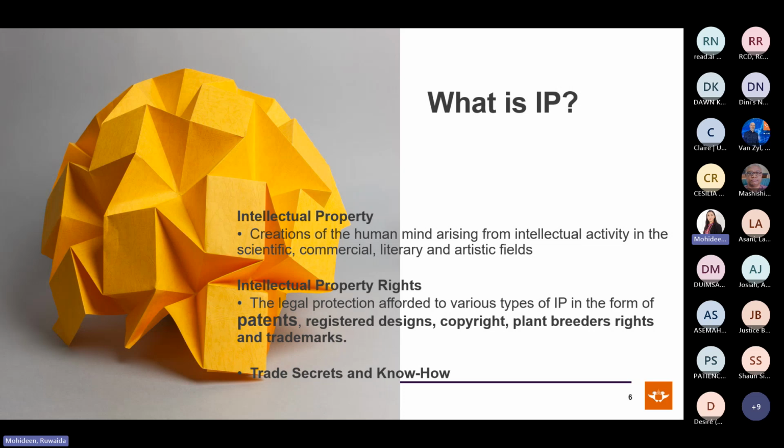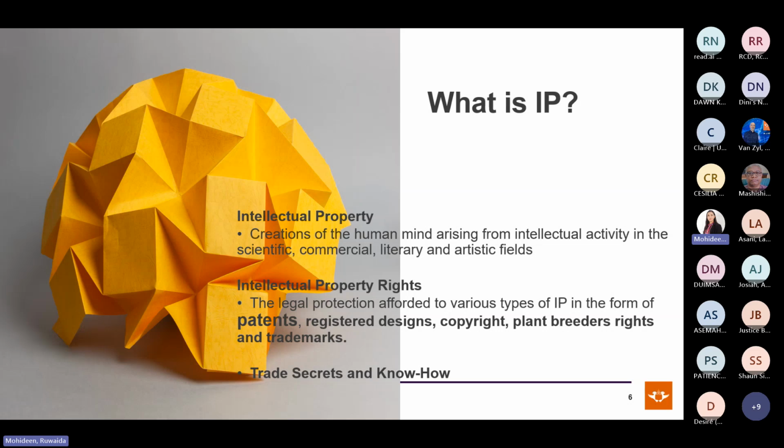Those types of rights occur in the form of various legal instruments, one of which is patents, another registered designs, a third copyright, which I think has a whole separate presentation dedicated to it, plant breeders' rights, and trademarks. Those are registered intellectual property rights.